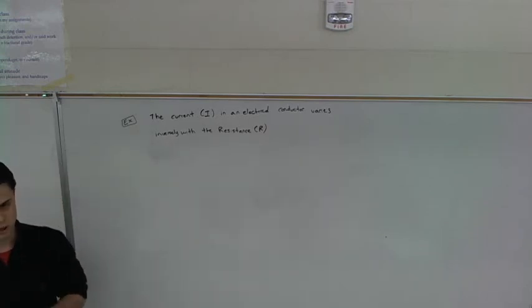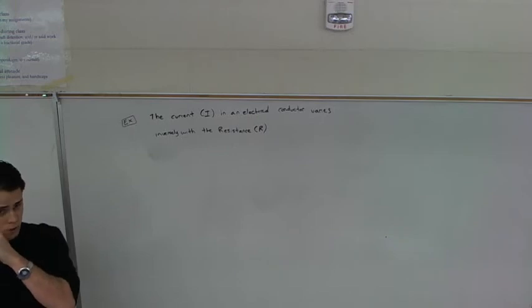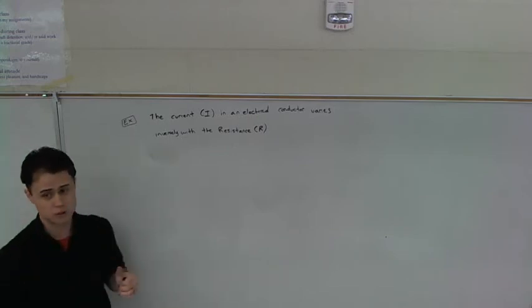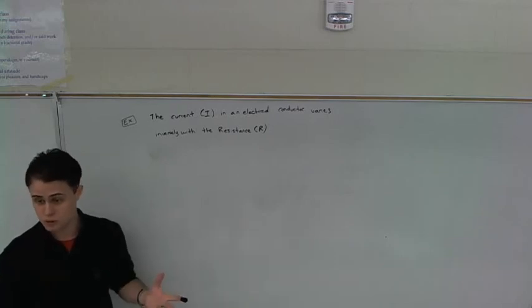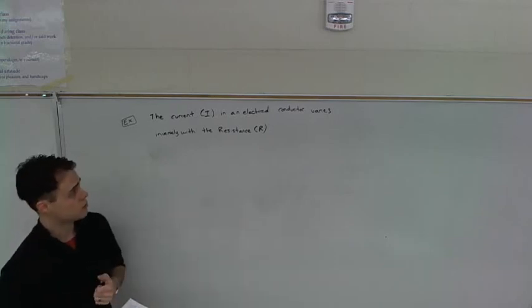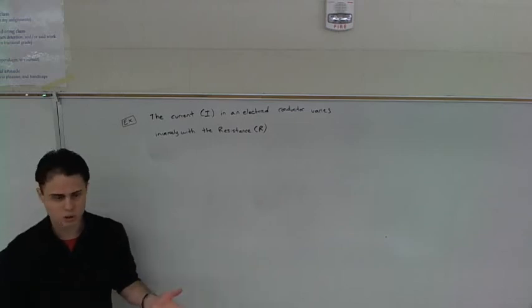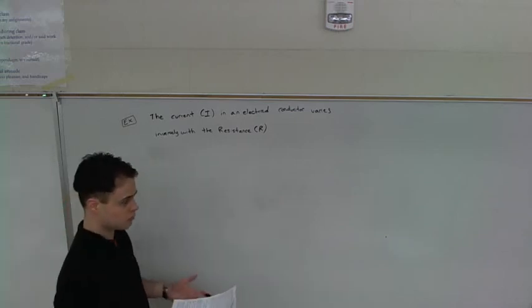All things, whether they're conductors or not, have some kind of resistance. Sometimes it's low, sometimes it's high, that's trying to resist the flow of the electricity through that surface or material. If it's a conductor, the resistance is usually going to be low because it's going to flow pretty well.